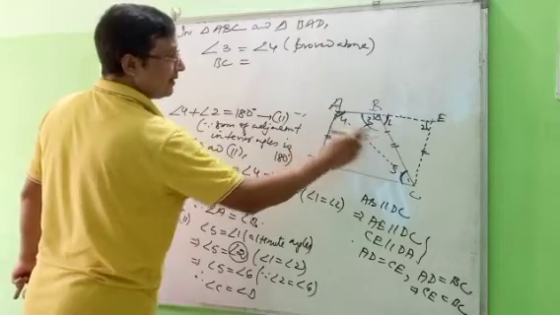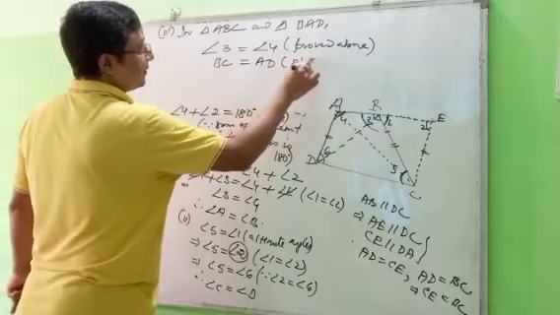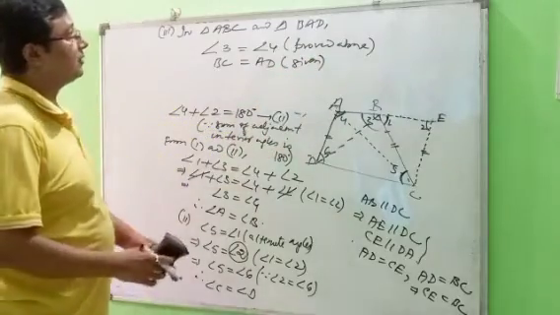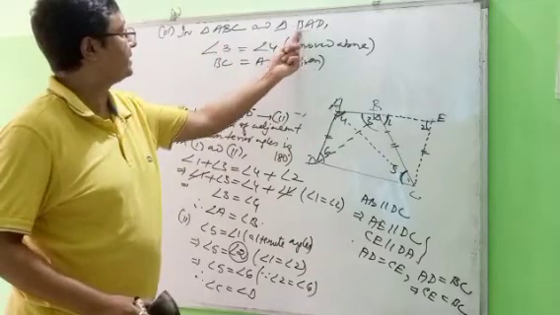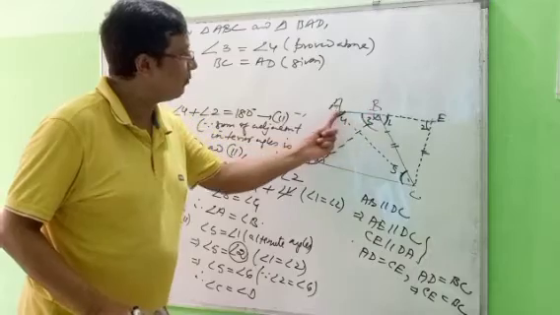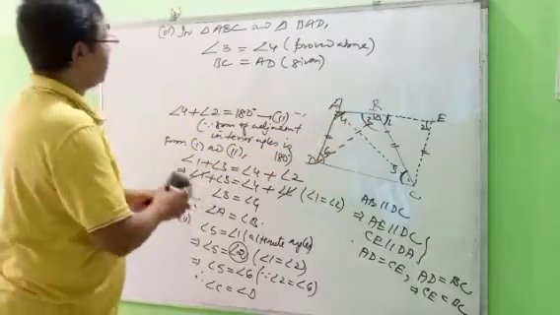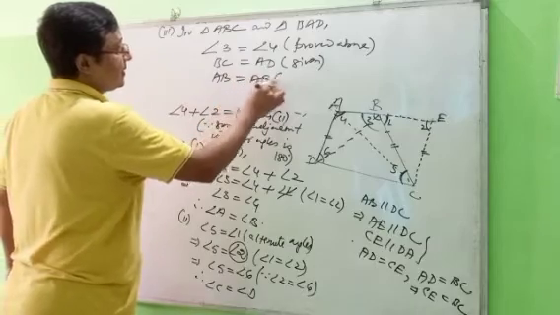That is given in the question. Then in both the triangles, you have one common base, AB. So AB equals AB. That is the common side.